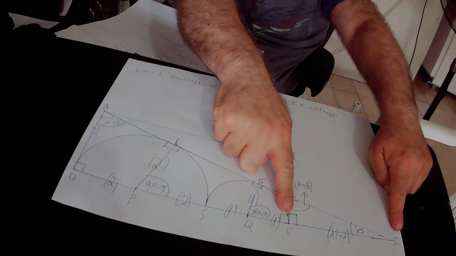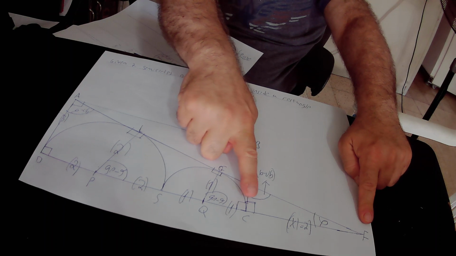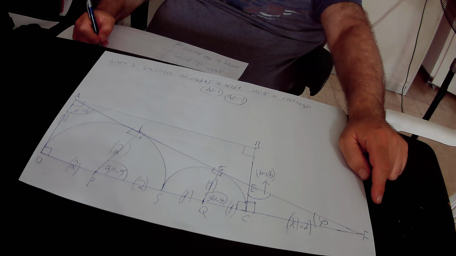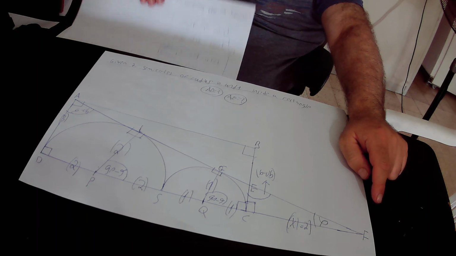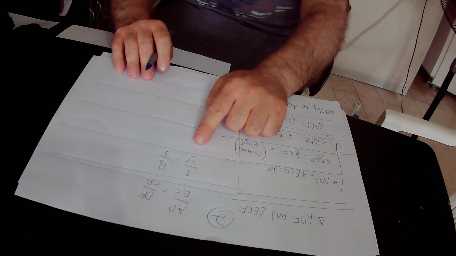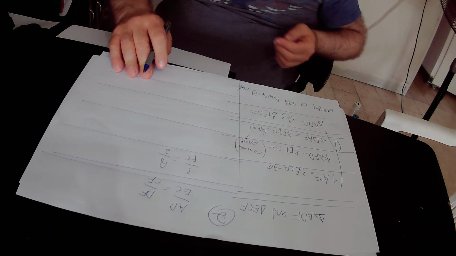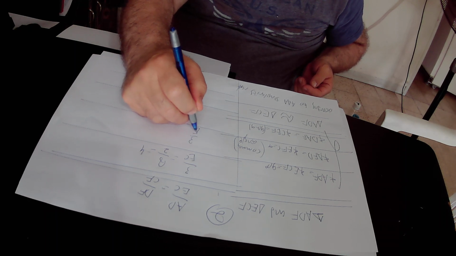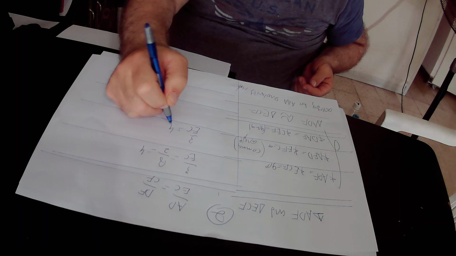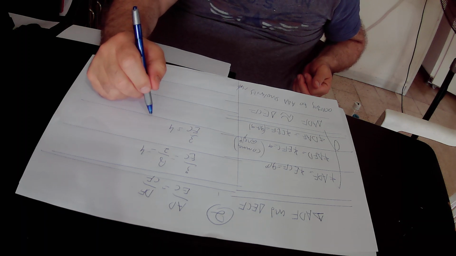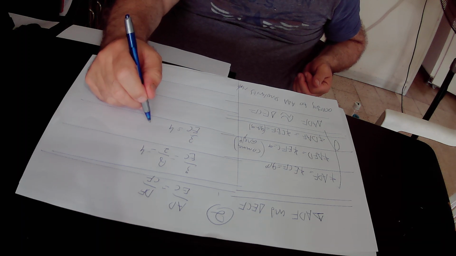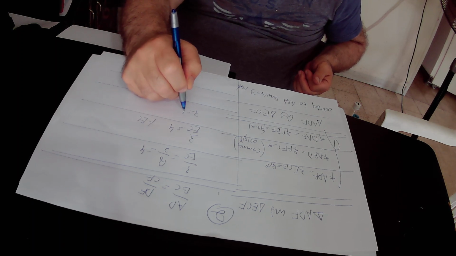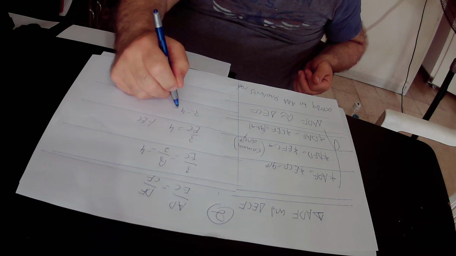Over CF. CF equals 2 units in its length. So in conclusion, we found out that 3 over EC equals 8 over 2. 8 over 2 is 4. So 3 over EC equals 4. Here we multiply this equation by CE, and we get that 3 equals 4 EC.